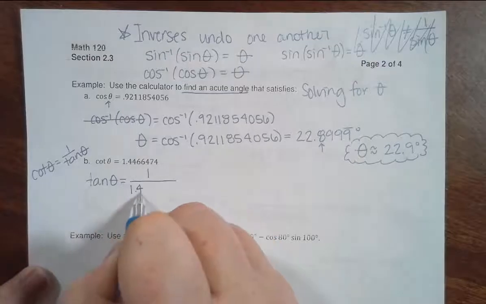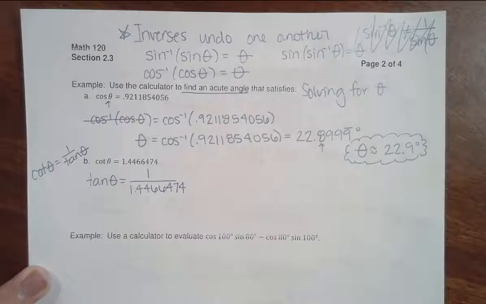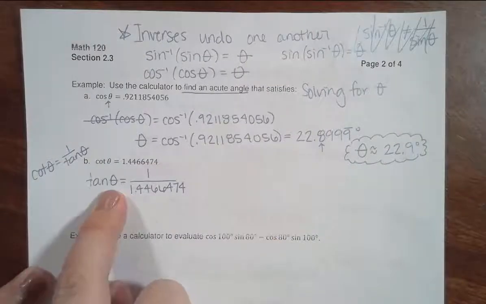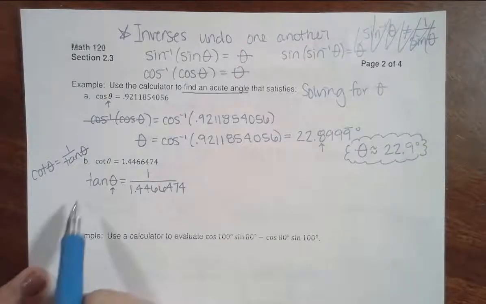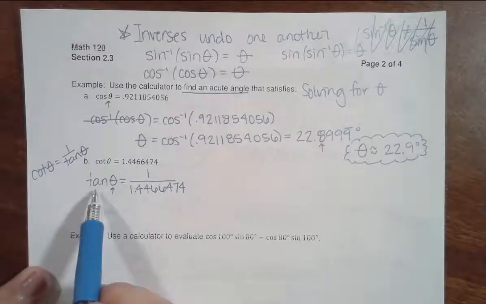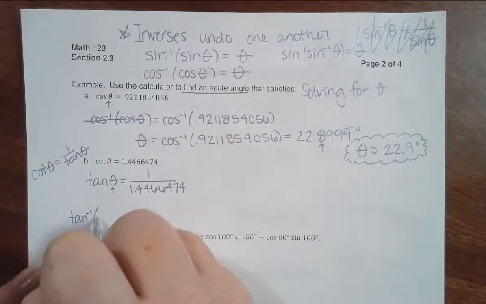1.4466474, right? And then, remember, I'm solving for the actual angle, right? Which means I need to get rid of this tangent. The way to get rid of tangent is to do tangent inverse. If I do it on one side, I have to do it on both sides.